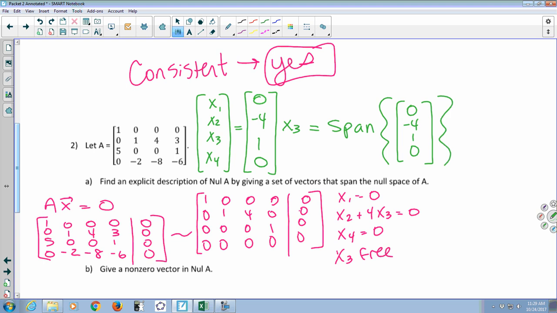Because the definition of the word span is just all linear combinations, which in the case of a single vector just means throw a constant on there, and that's the role that x3 is playing, just a constant. So that's going to be the answer. It's just the set of all vectors that A times it equals 0: any multiple of 0, -4, 1, 0.